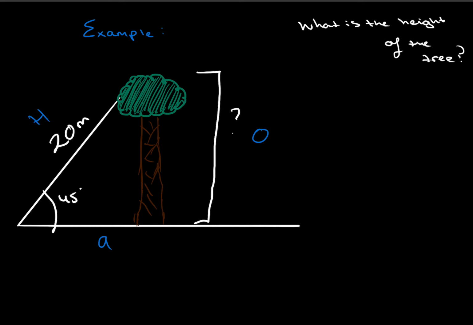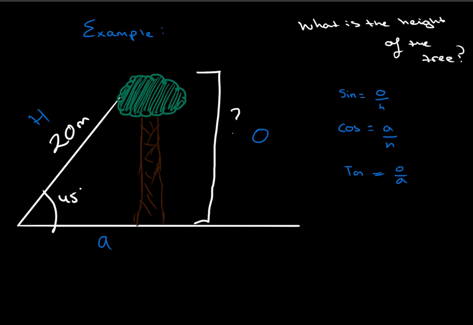We need to think, what equations use our opposite? Sine uses opposite over hypotenuse. Cos is adjacent over hypotenuse, and tan is opposite over adjacent.